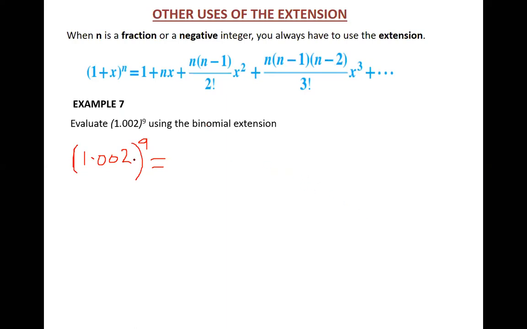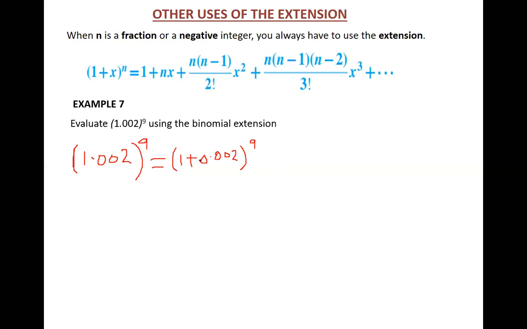So this expression here can also be written as 1 + 0.002, and then everything raised to power 9.